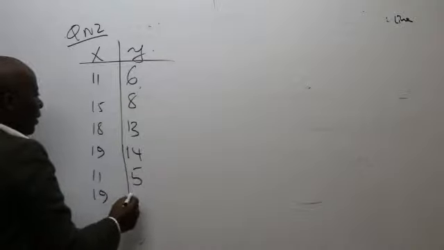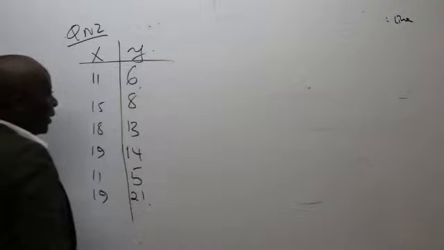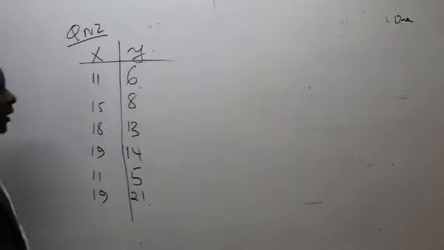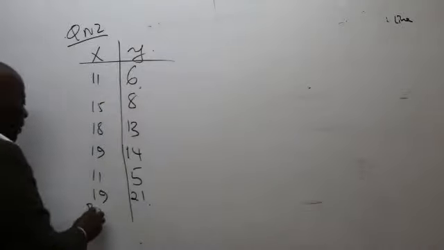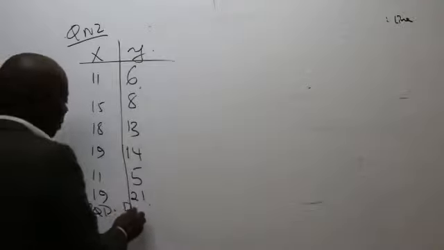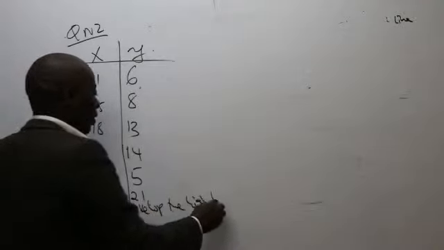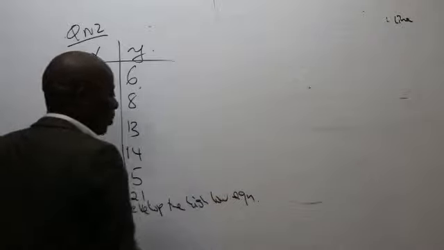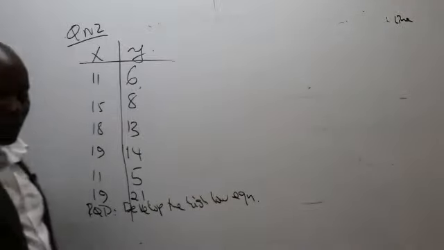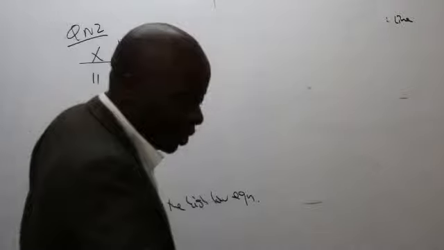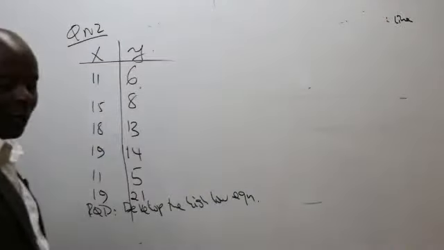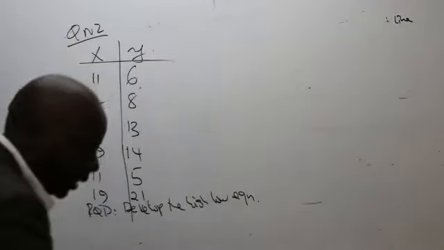Here we have 21, like that. And then you are required to do something very easy. You are required to develop the high-low equation. Let me give you 1 minute, and then you try developing that equation for me.